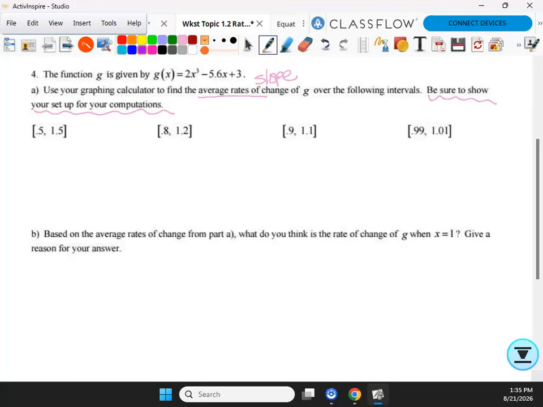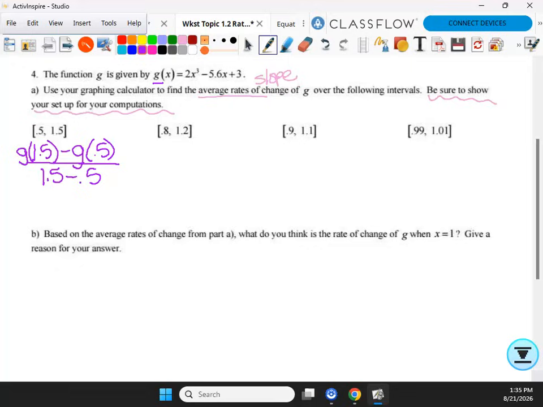So before I worry about the calculator at all, this first interval, these are my x's, right? It's the intervals of the domain. So I'm going to write, and the name of this guy is G, so this is going to be G of 1.5 minus G of 0.5 all over 1.5 minus 0.5.